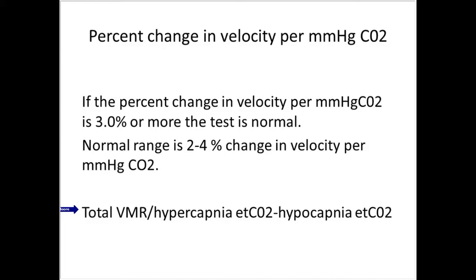And the reason why we do that is because if this percent is 3% or more, the test is considered normal. So even if your VMR calculates out to mild to moderately reduced, and you get this percent change in velocity per millimeter of mercury of CO2 at 3%, then the test is considered normal.